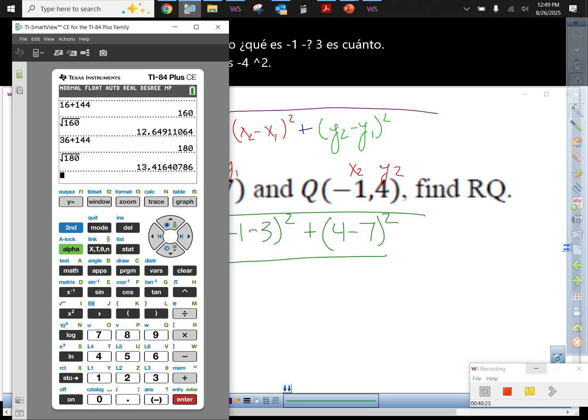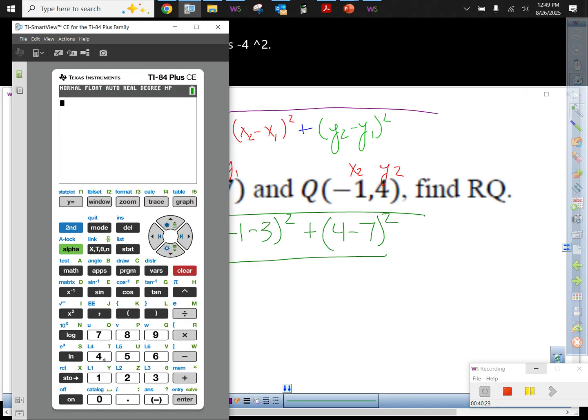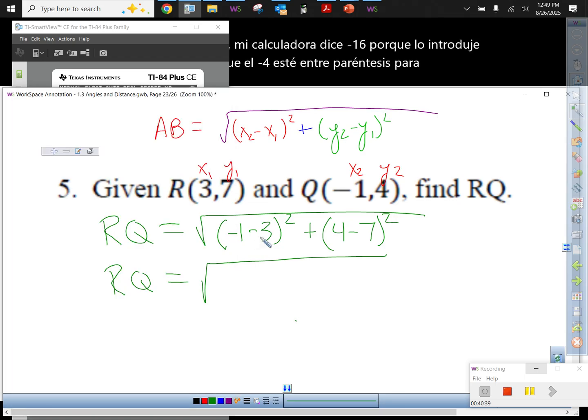They say positive 16. But if I punch it in like that, my calculator says -16 because I punched that in wrong. Doesn't the -4 need to be in parentheses for this to work out right? I know that our brains are actually smarter than the calculator, because I heard you say it: -4 squared means -4 times -4.